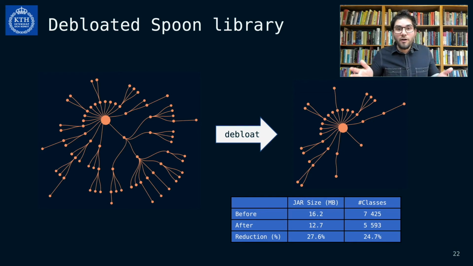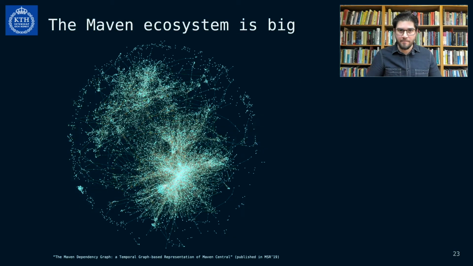So far, we have seen the impact of using DepClean on the Spoon library, but what about the whole Maven ecosystem? Well, one thing that we know is that it is big. 2 years ago, we performed a study with the objective of constructing the most precise representation of the dependency relationships between all the artifacts in Maven Central.